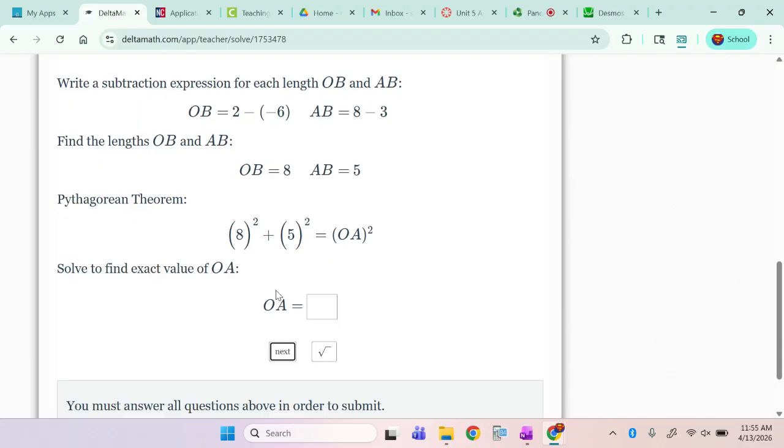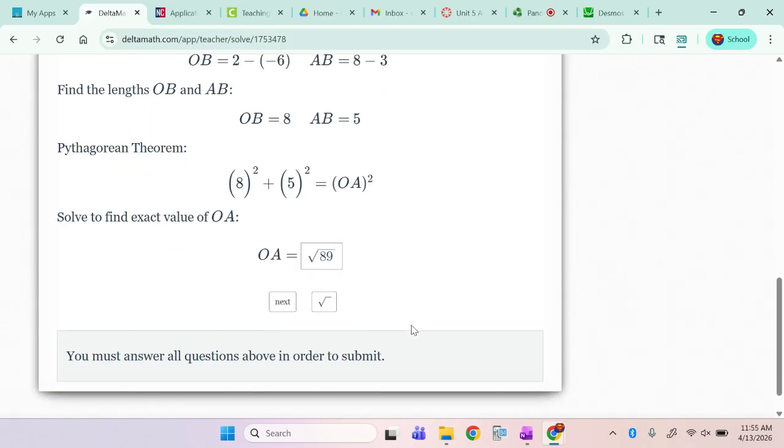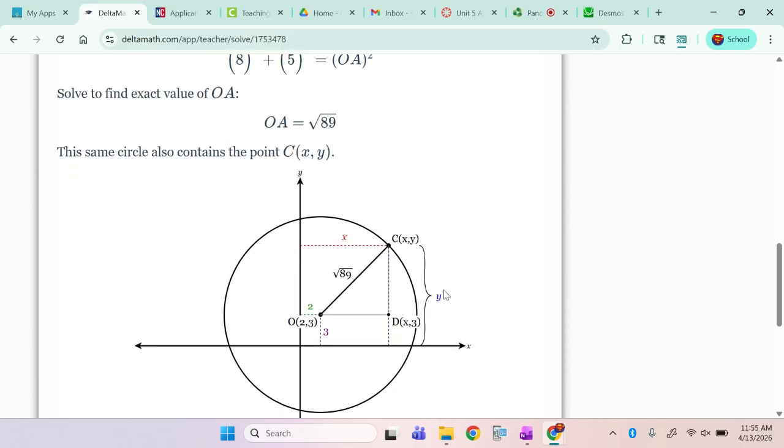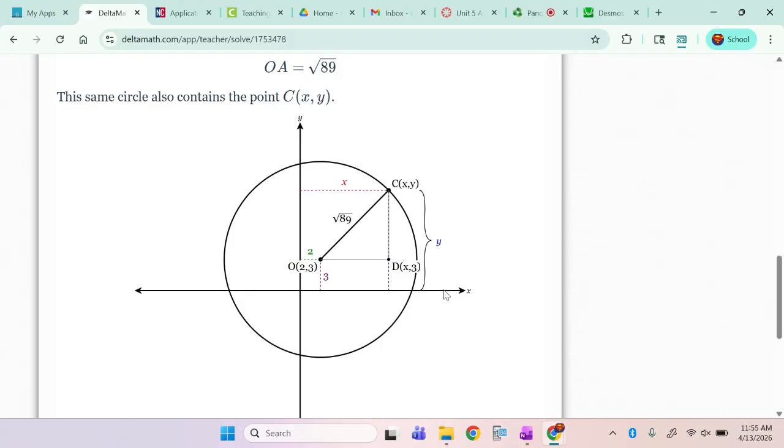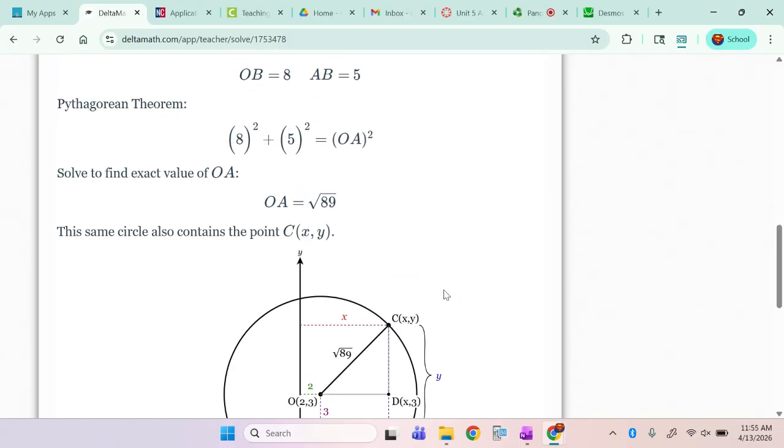Not 89, but the square root of 89. So we don't even need to solve that one. We already did the Pythagorean theorem in the previous question. Everyone got up to here. So the square root of 89 is the answer to OA. It's the same one as the previous problem, and that's just coincidence.